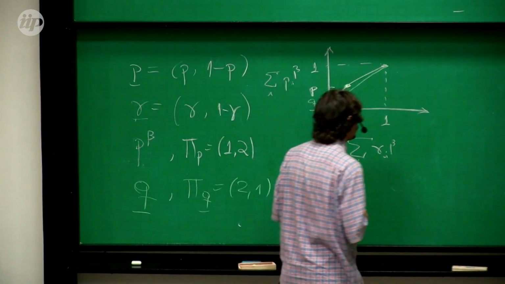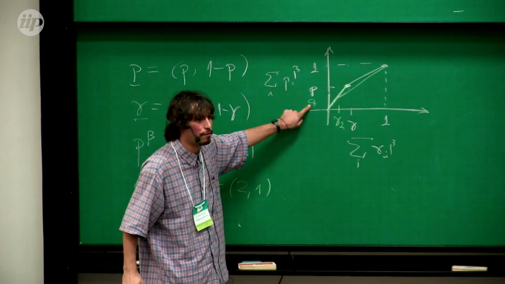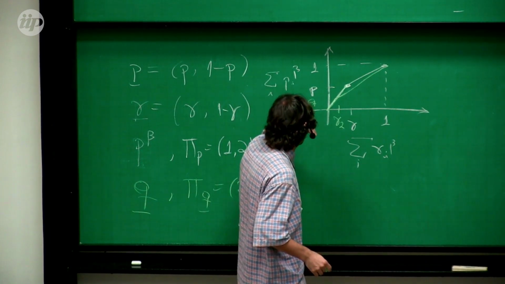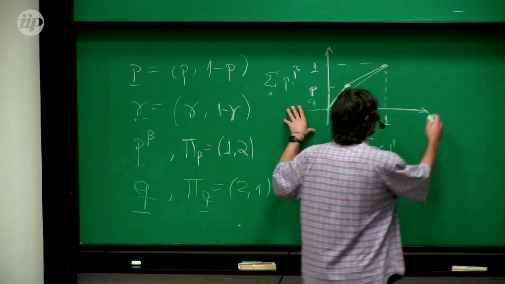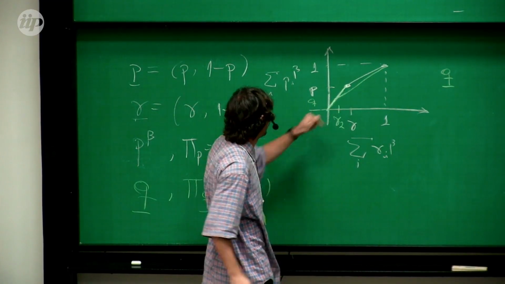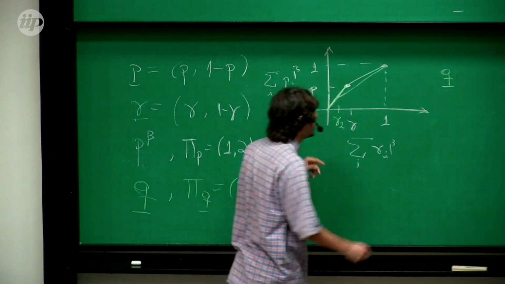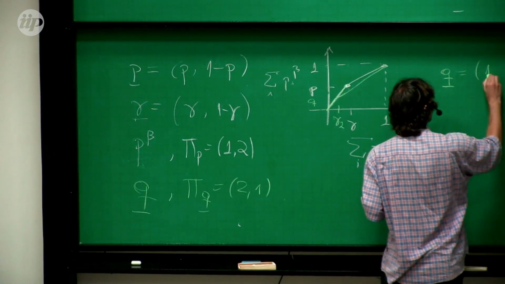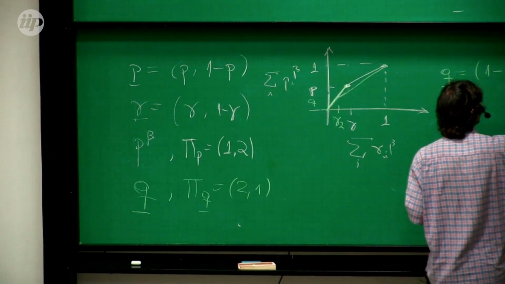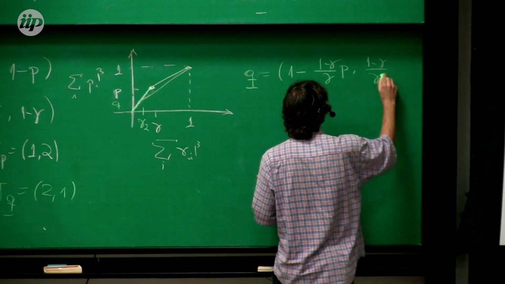This is very simple, just basic geometry. We find that this Q, which will be an extreme point of the future of this P, is simply given by 1 minus gamma P over gamma, and gamma P.